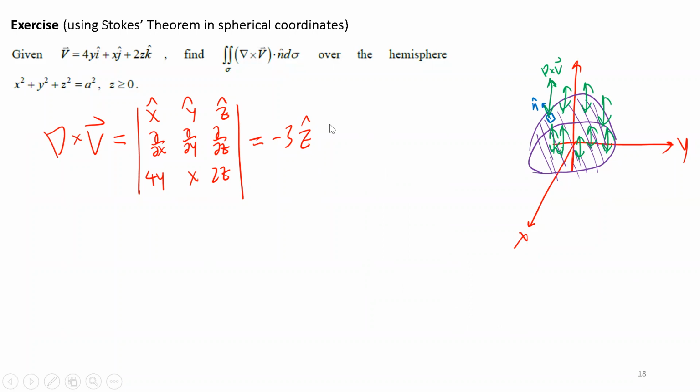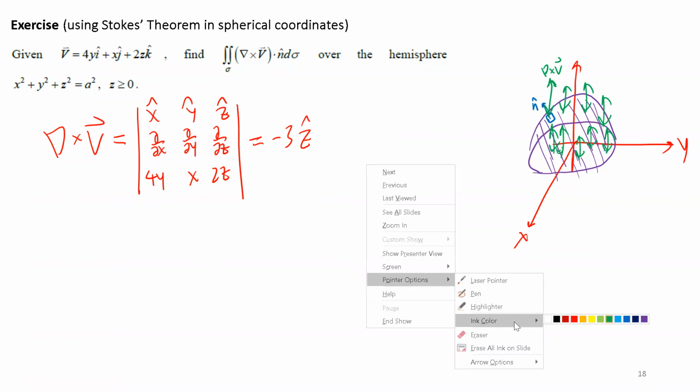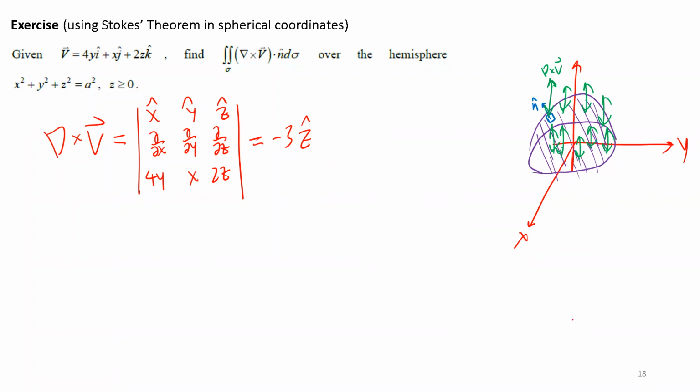So now, if I want to set up the integral in spherical coordinates, I will have this double integral. Again, theta goes from 0 to pi/2, just half of the sphere.